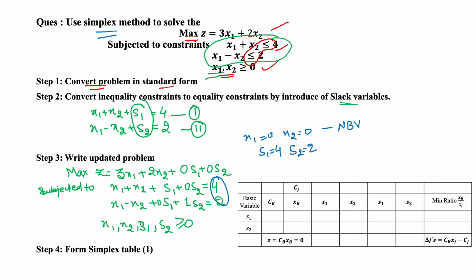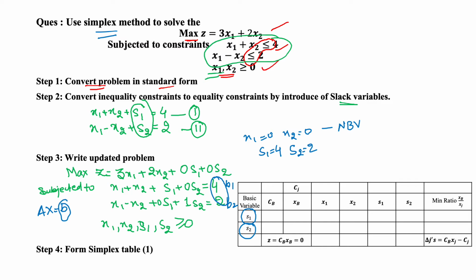If I write the constraint equations in matrix form, it is A into x equals b. So all the basic variables will have the values of b, like s1 has value 4, that is my b1, and this is my b2. I have two basic variables in this question, s1 and s2.